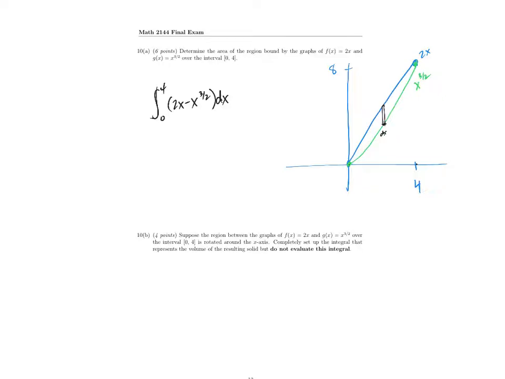Okay, and so now I just need to compute this integral. So an antiderivative of 2x is x squared, and an antiderivative of x to the 3/2, I'm going to add 1, so I'll get x to the 5/2 and divide by the new power, so 2/5. Oops, that's a 5th.